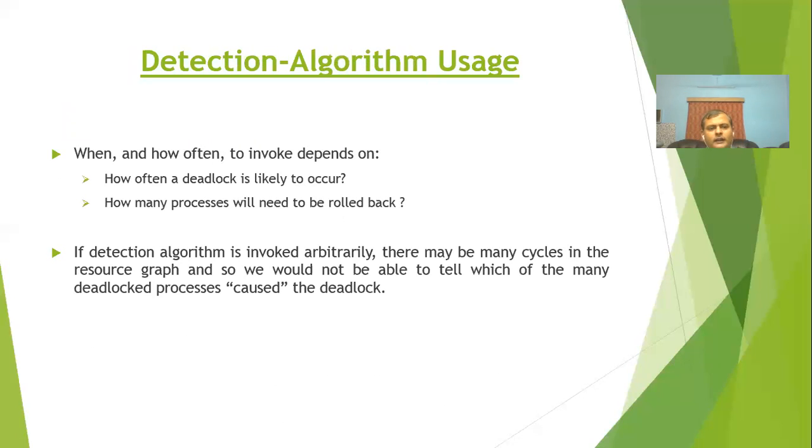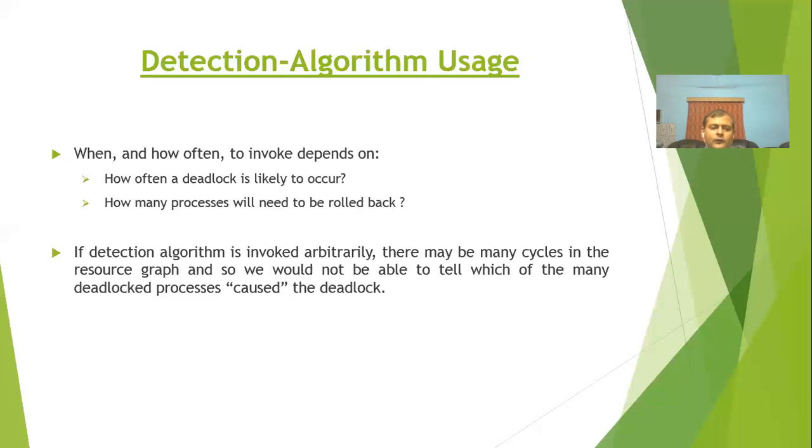Now, the thing is, when or how often will you invoke the deadlock detection algorithm in practice? So basically, there are some issues here. How often is a deadlock likely to occur in the system, and if a deadlock does happen, how many processes are to be rolled back? This is an issue that needs to be taken care of.